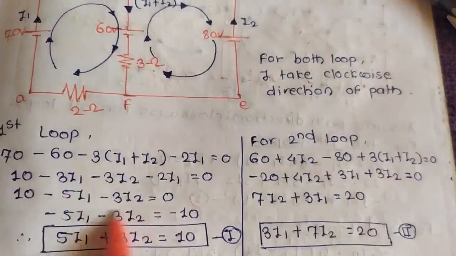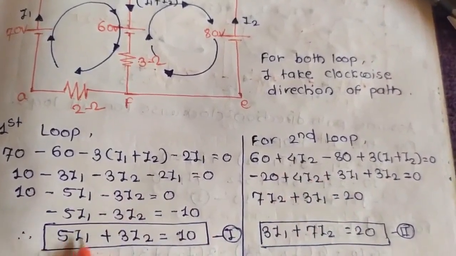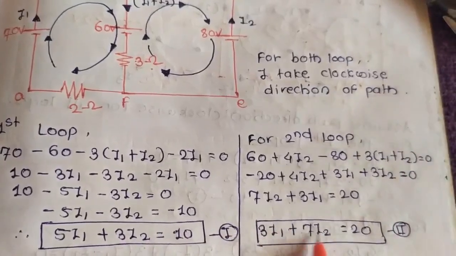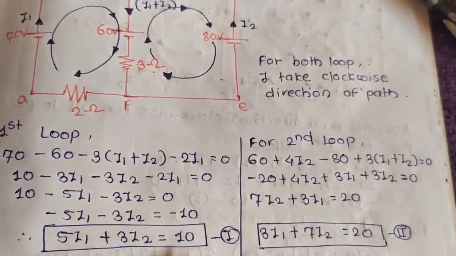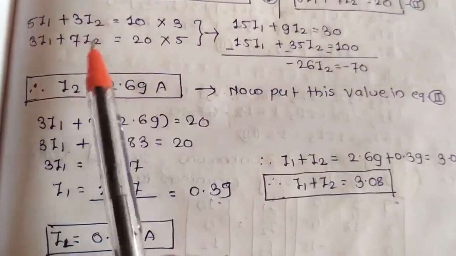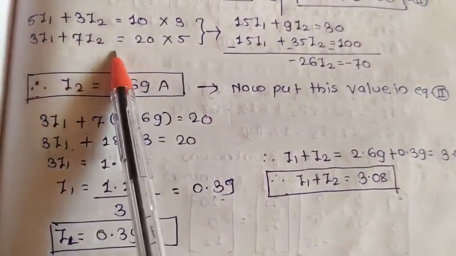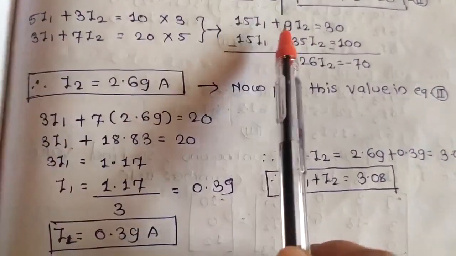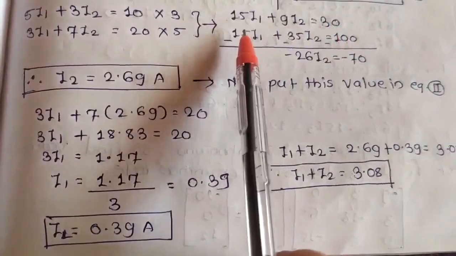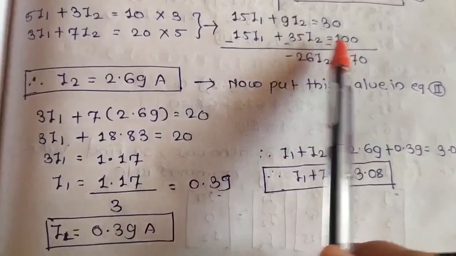Now these are some mathematical calculations, and simplifying, 5I1 plus 3I2 is equal to 10, 3I1 plus 7I2 is equal to 20. These are two equations we get. If we multiply the first equation by 3 and the second equation by 5, we get 15I1 plus 9I2 is equal to 30, 15I1 plus 35I2 is equal to 100.